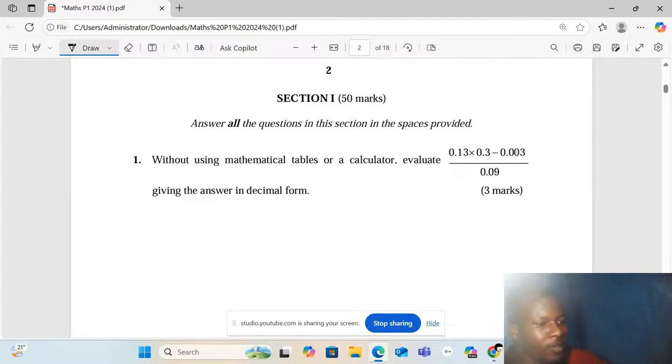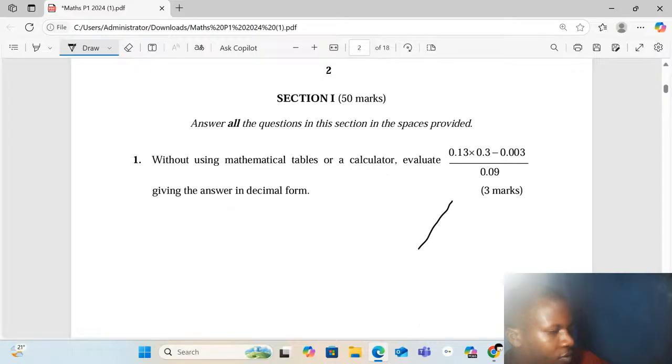Now, when you are given such a question, you first of all make it a fraction, for you to do away with the decimal places.